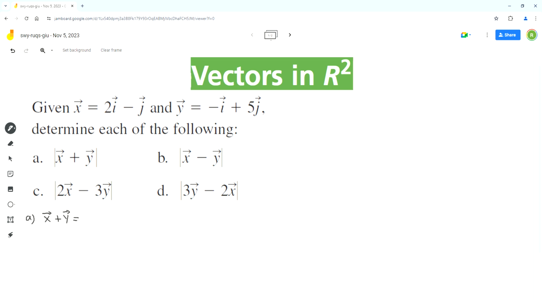So we'll use the given vectors x and y. Now we can get rid of the parentheses and gather the i terms and the j terms.